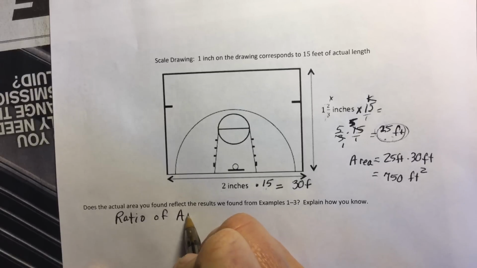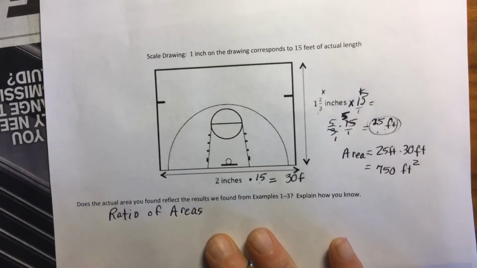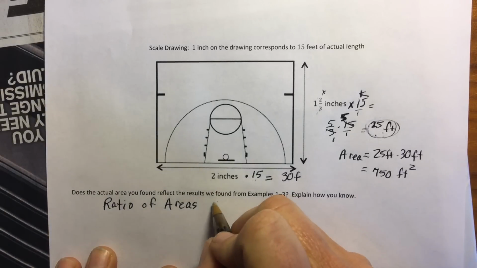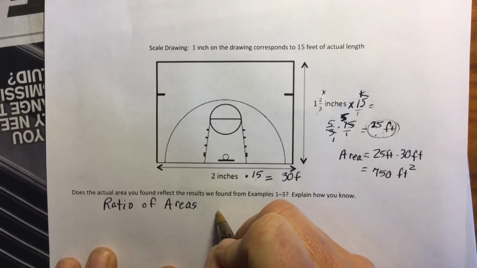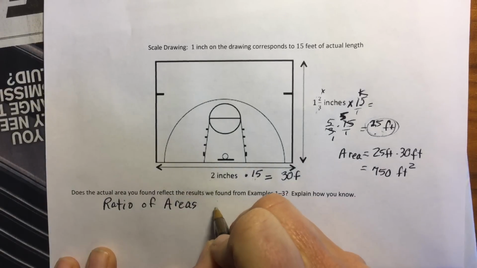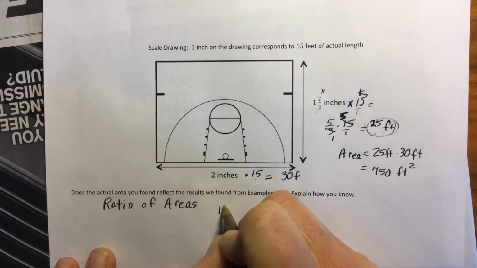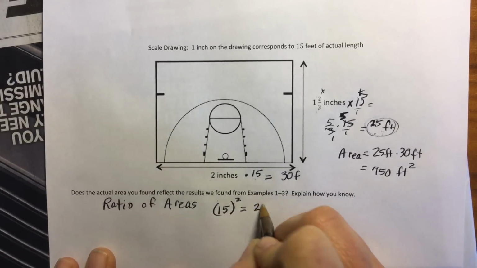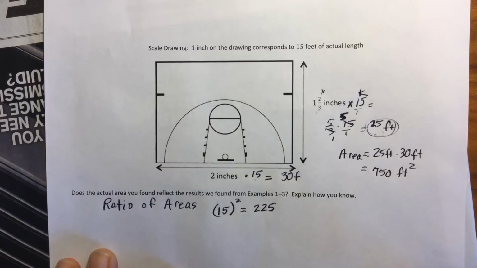So the ratio of areas, we know that if we have a scale factor of 15, and it was 1 inch to 15 feet on the scale, then all we have to do is take the 15 and square it. And when you square that, you can do it on your calculator, you get 225.